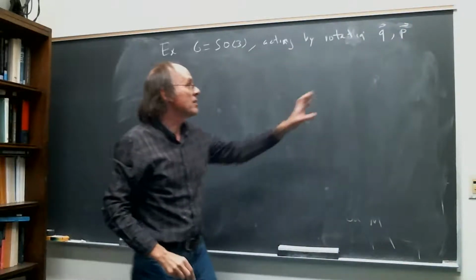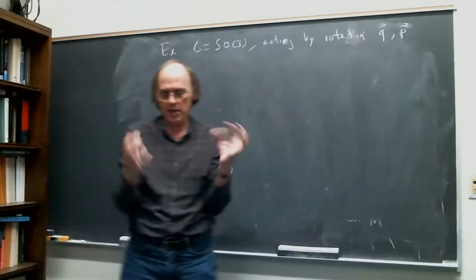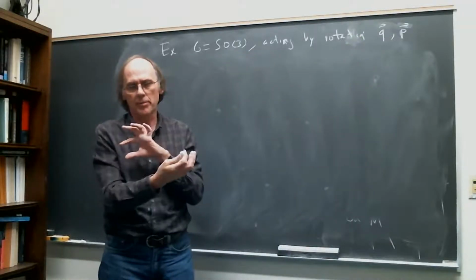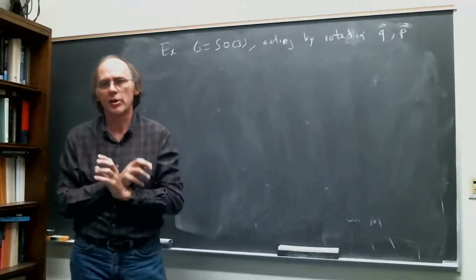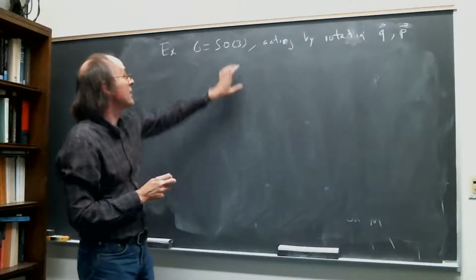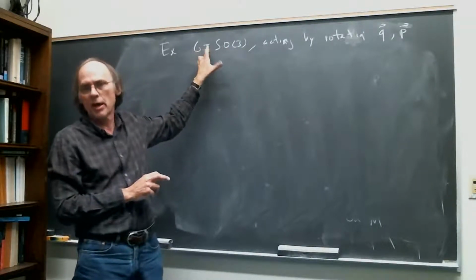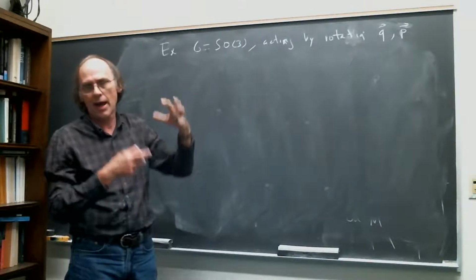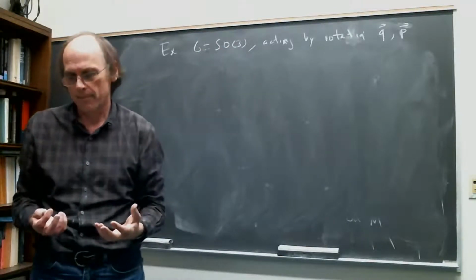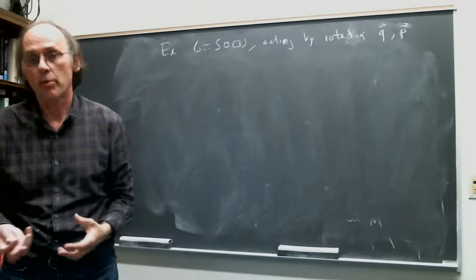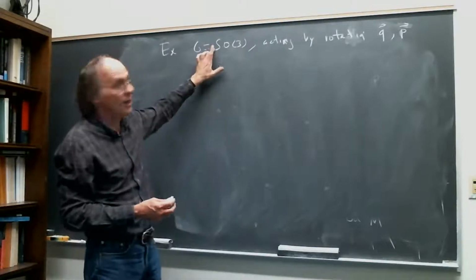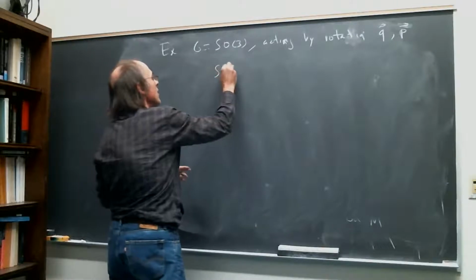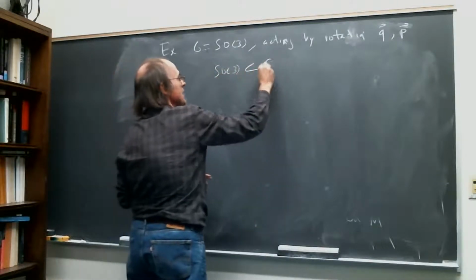So if you do some kind of rotation of Q vectors, of your position vectors, and do the same rotation of your momentum vectors, that's going to give you an action of the rotation group on your phase space. Turns out you can check that action preserves the Poisson bracket. So that action is symplectic, and so SO3 sits inside Sp.